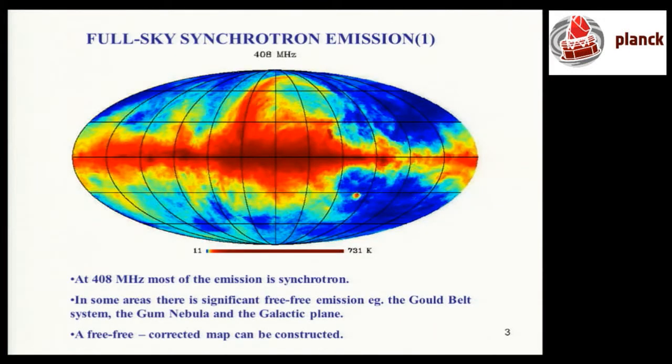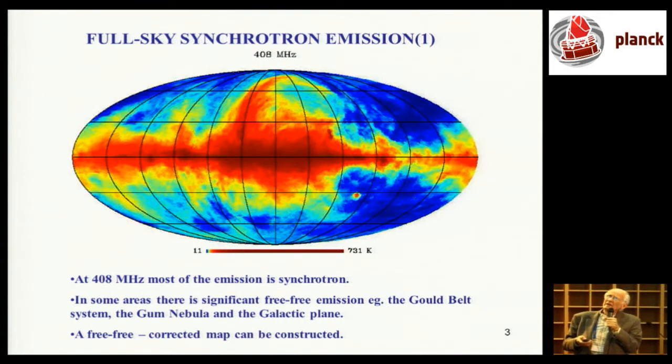The full sky emission at 408, as I've said, is filled with these emission components, and here the contrast is such that one is able to see a lot of that fine filamentary structure. See all this stuff coming here, and there's what I call a rectangular area in the center here we'll come back to a little later on. But although I'm calling this a synchrotron map, it has a substantial amount of free-free.